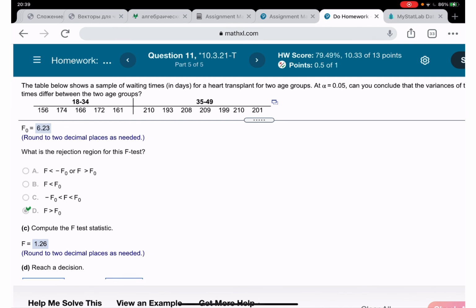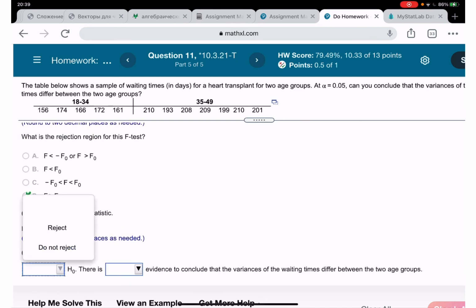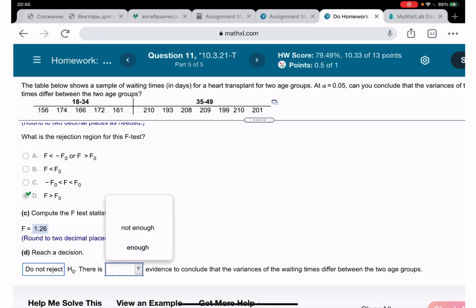Okay, so we next need to reach the decision, because our test statistic is less than our critical value, so we fail to reject, or do not reject, the null hypothesis, and our claim is the alternative. Then what do we say? Is there evidence to conclude that the variances of the waiting times differ between the two groups?